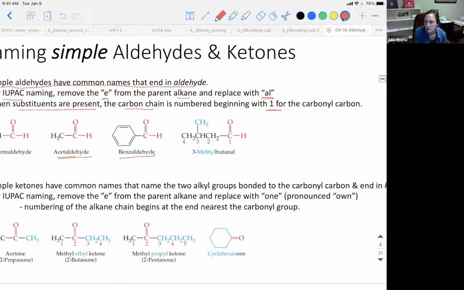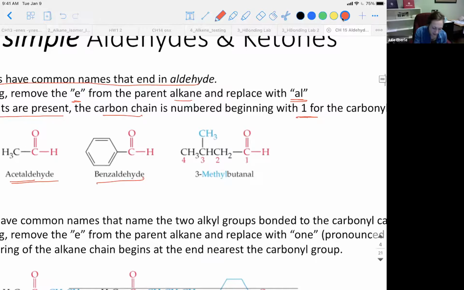So that's why they numbered this right to left. They recognize this right here is my carbonyl group. It is an aldehyde because I have this H right here, so the name ending is AL. In my longest chain, I've got 1, 2, 3, 4 carbons. So it's a butane, but because we've got the aldehyde, it's butanal.